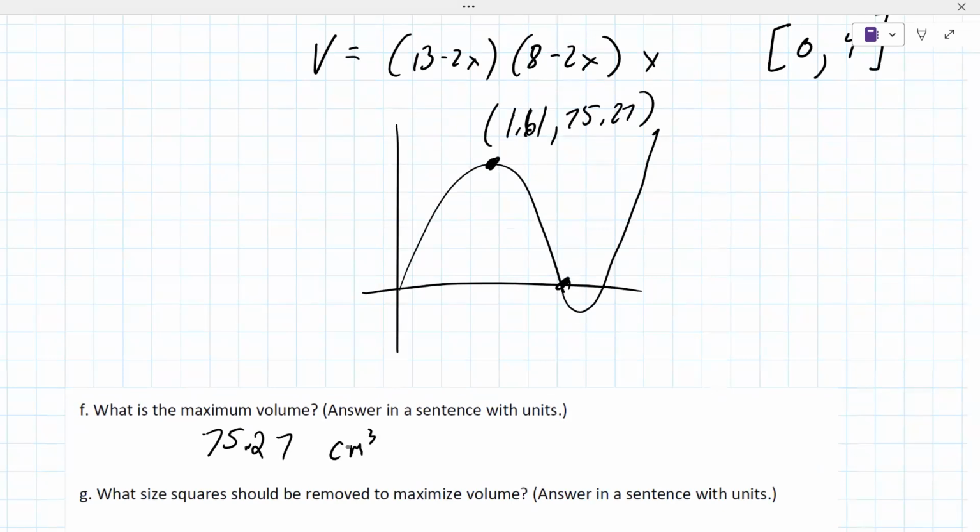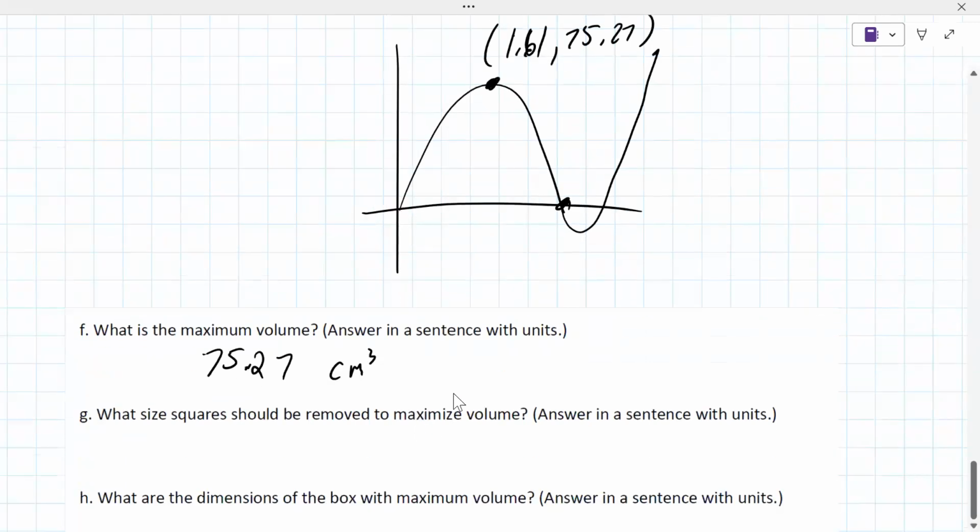So you take the y value of the maximum, and yes, that is your maximum volume, most of the time. Just be careful to give them what they want. Yes, just repeat the words that they use. That's what your teacher wants. So something like: the maximum volume is 75.27 centimeters cubed.